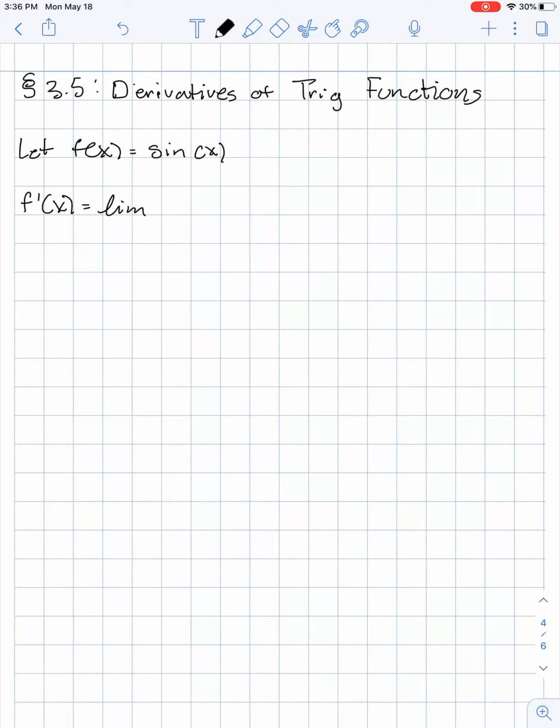So first, let f of x equal sine of x. We know that f prime of x is the limit as h goes to 0 of sine of x plus h minus sine of x, divided by h.